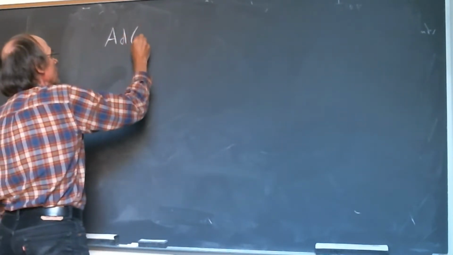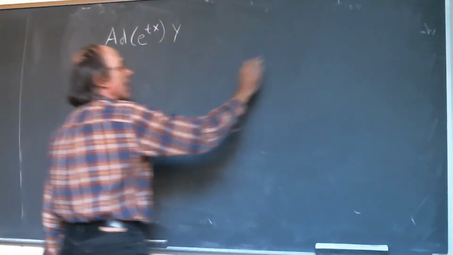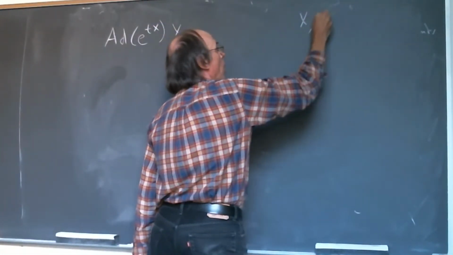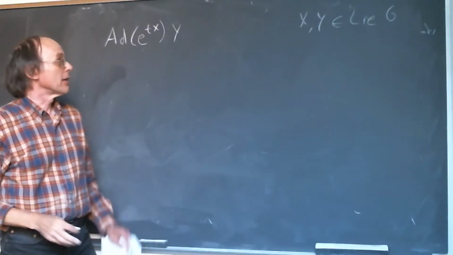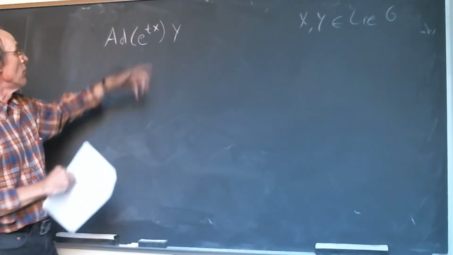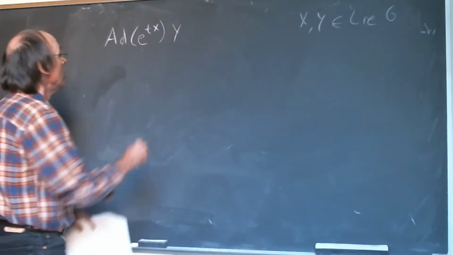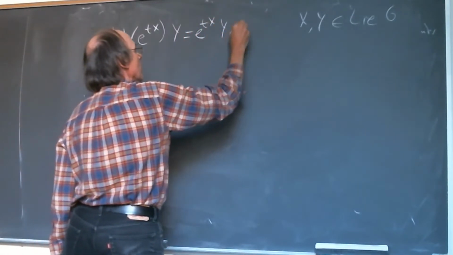You take the adjoint action of e^{tX} on Y. So X and Y are in the Lie algebra. They're things that if you exponentiate them, you get something in the Lie group. Well, remember, this is then e^{tX} Y e^{-tX}.